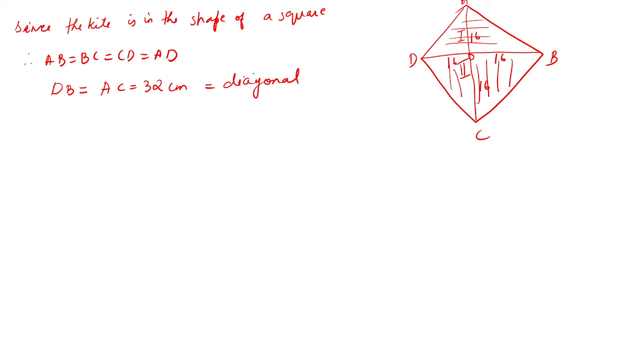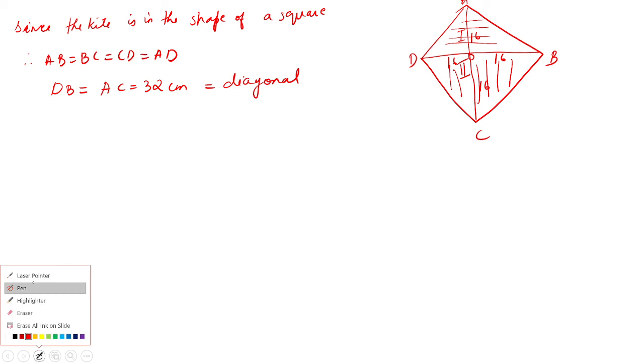The entire diagonal, that means DB, is 32. Now since you're drawing a diagonal, for a square, what happens is when you draw the diagonals AC and DB, you cut the diagonals. The diagonals intersect at this point and will divide the given diagonal into two equal parts.